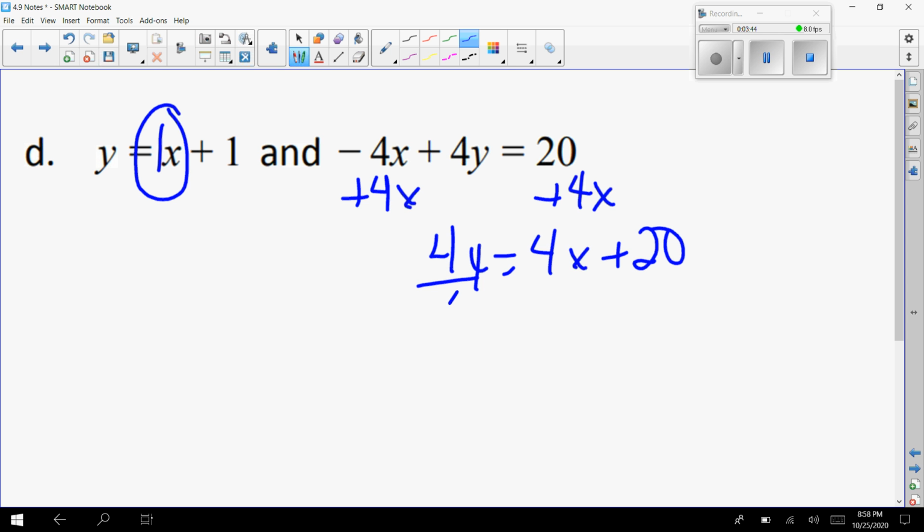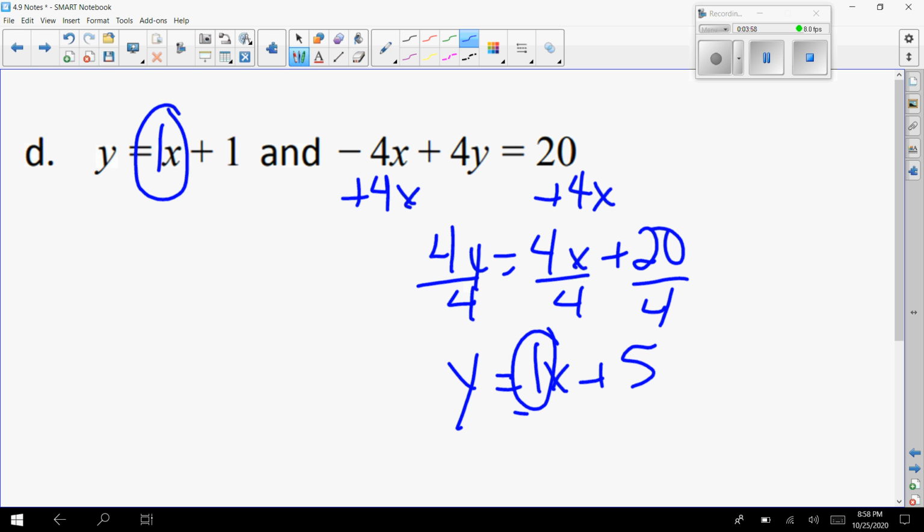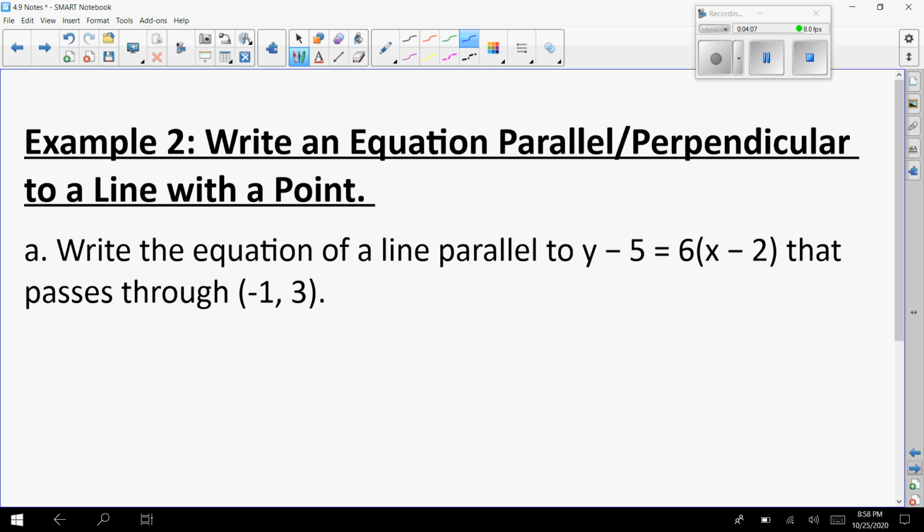We then need to divide everything by 4, and we have y equals x plus 5. Again, it's understood that the number in front of x is 1, which is our slope. They have the same slope, so they are parallel lines because they have the same slope.